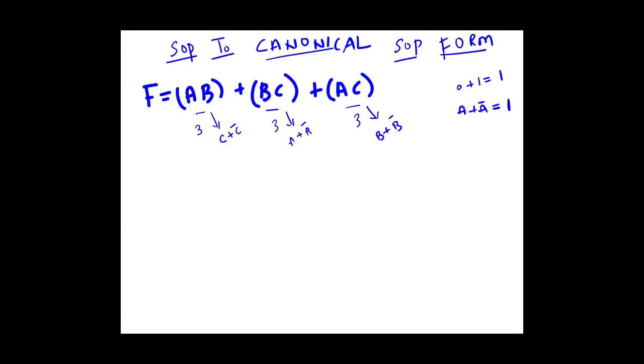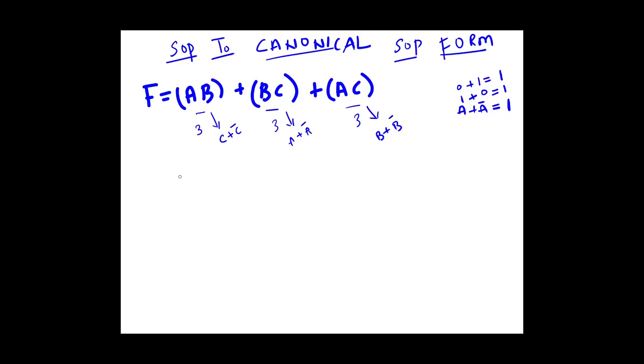If I consider A to be 1, then the complement of 1 is 0, so the solution would be 1. So whatever it is, A plus A complement is always 1. Even B plus B complement would be 1. So I'm adding this to the expression so that I get all 3 literals in one minterm.